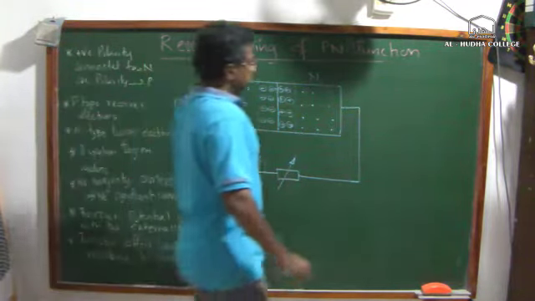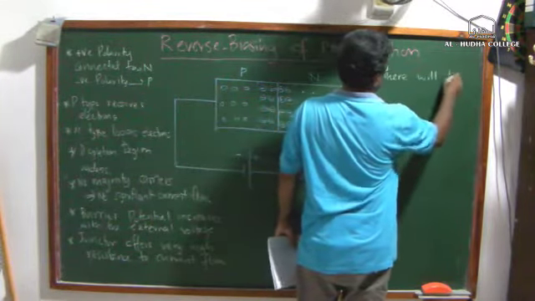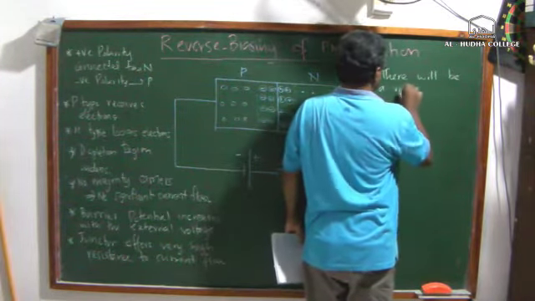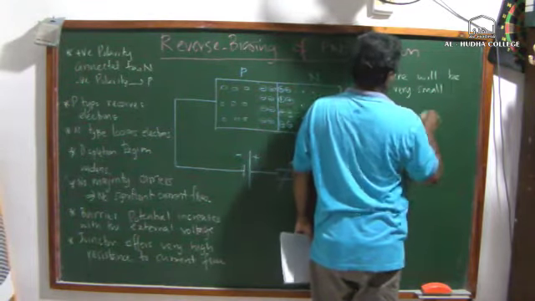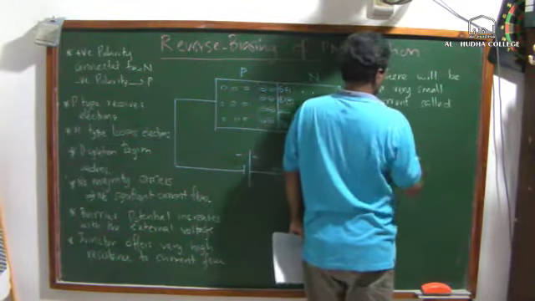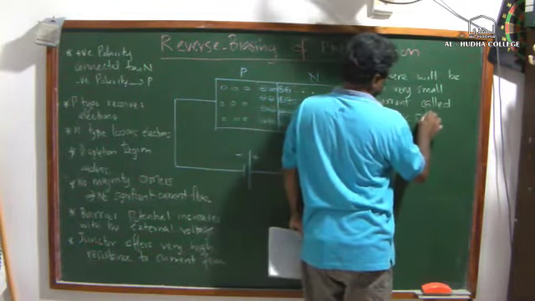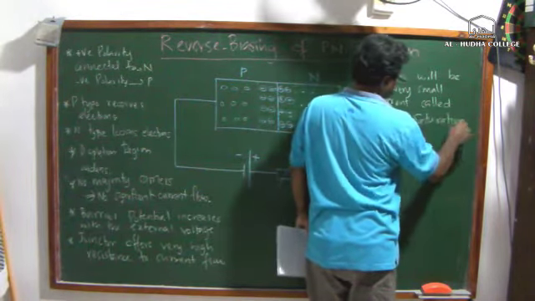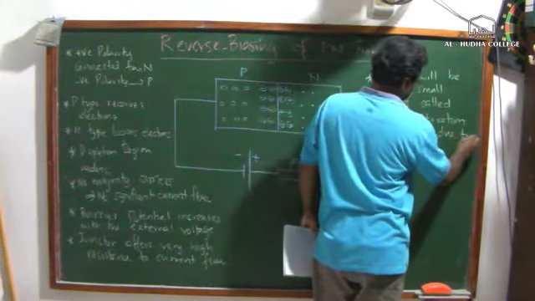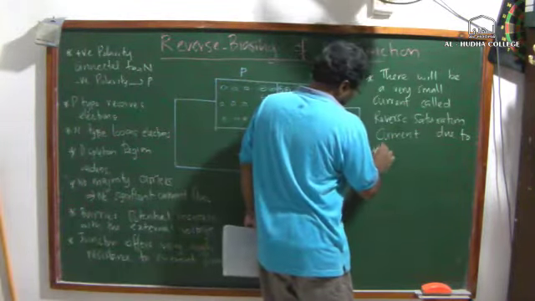But we know that there will be a very small current called reverse saturation current due to minority carriers.